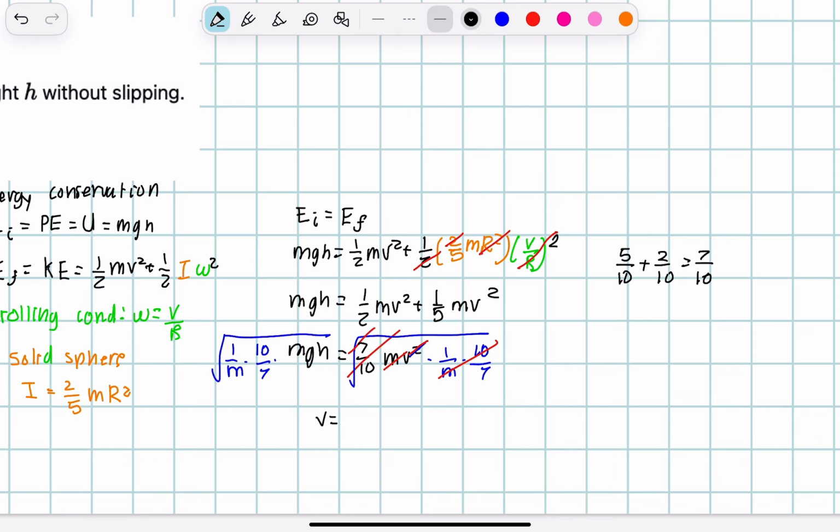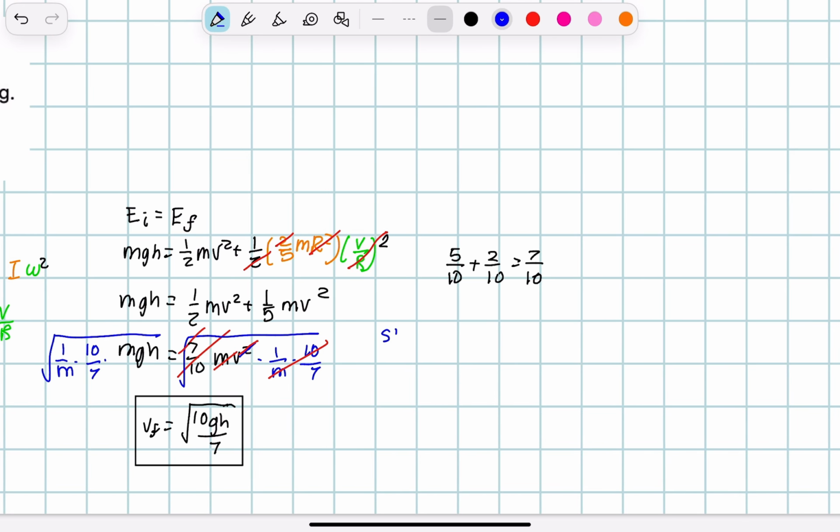Then we are left with v is equal to the root of 10gh over 7 as our final speed, our VF. From this, we can deduce that static friction does no work but allows energy transfer into rotation.